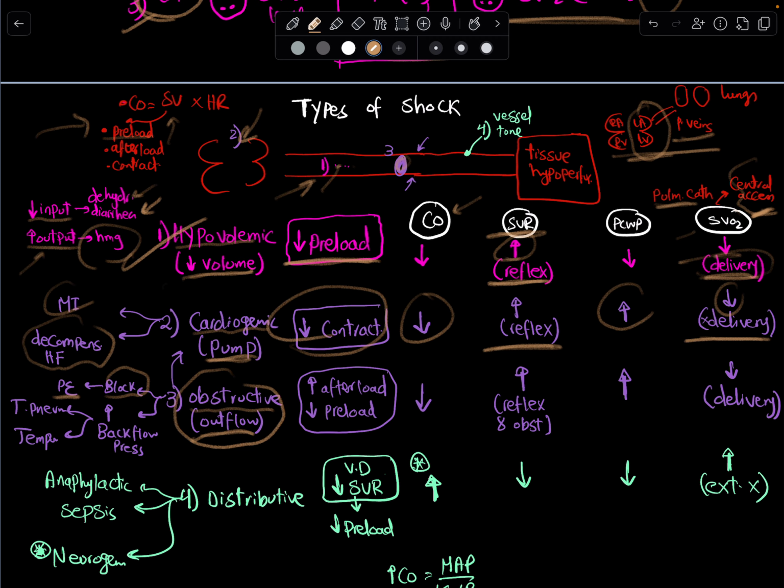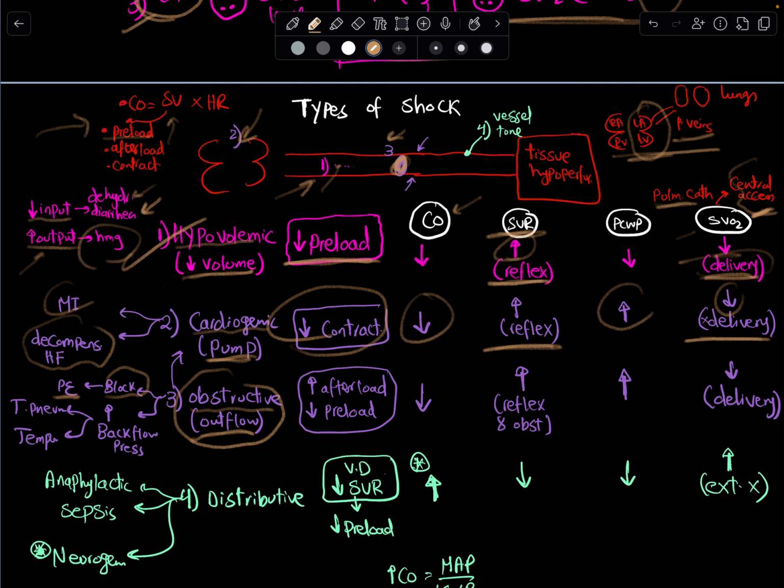So here, number three, if you look, you have actual blockage in the system with the pulmonary embolism, right? And remember the pulmonary circulation and the systemic circulation, it's all connected. So if you have increased pressure at some point, it will reflect to different parts of the circulation.